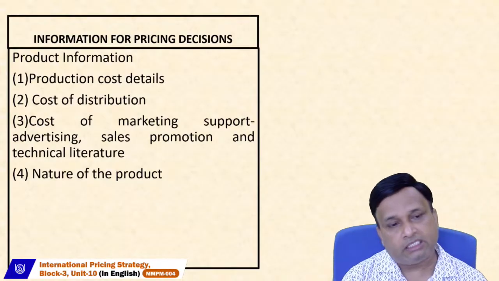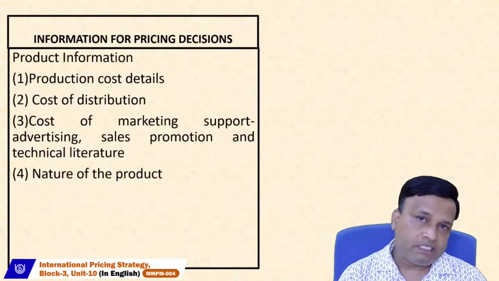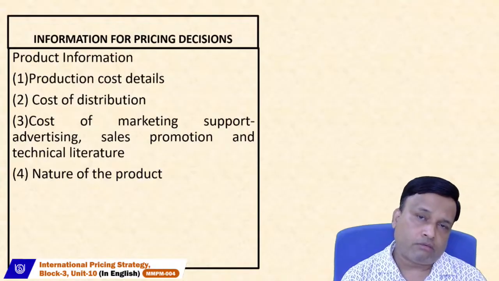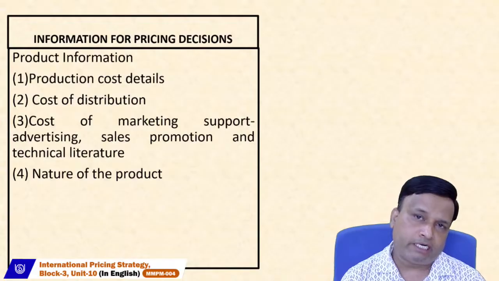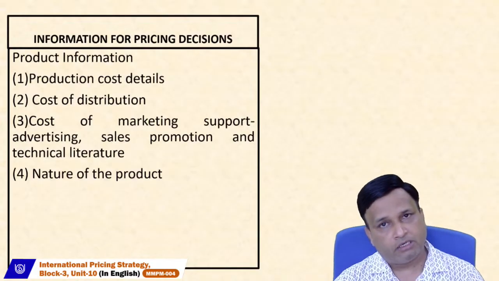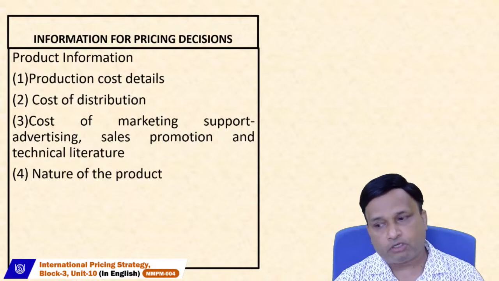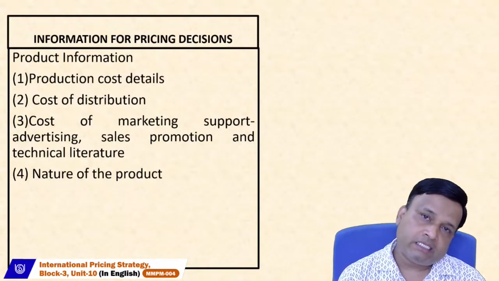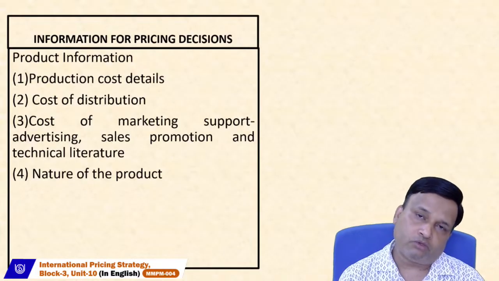Then last but not the least is the nature of the product. Whether it is a low end product, a middle range product, or a high end product, or whether the product is a disposable item, or an FMCG product, or a perishable item. If it is a perishable one, the price will be different.